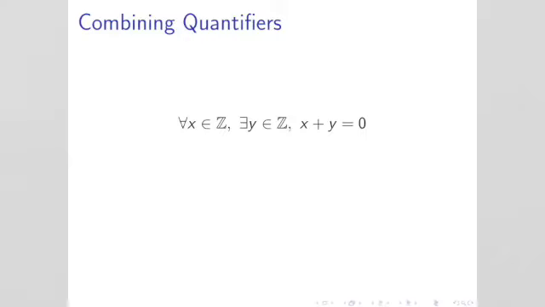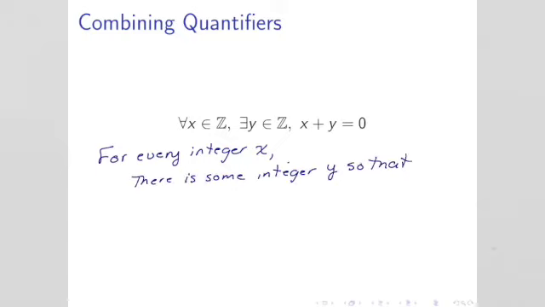How about this one? This reads, for every integer x, or I could say for any integer x, there is an integer y, so that the following condition is true. x plus y is equal to 0.